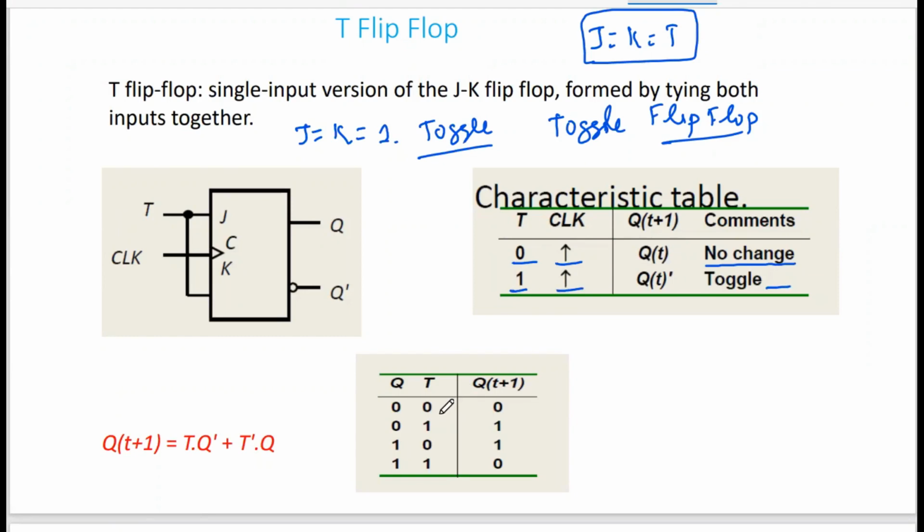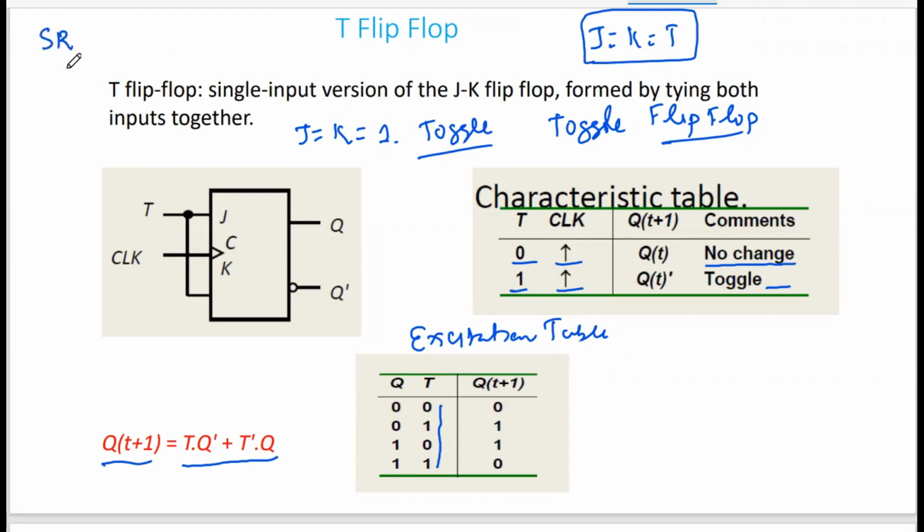So the transition table is 0 1, 0 1 excitation table, and corresponding to Qt plus 1, your equation is like this: T into Q bar and T bar into Q. So this is another version of your flip flops. Based on the knowledge of the previous ones, you can easily understand T flip flop. So no need to go into the internal circuitry, because that is quite simple. That's why I have covered the course like that.